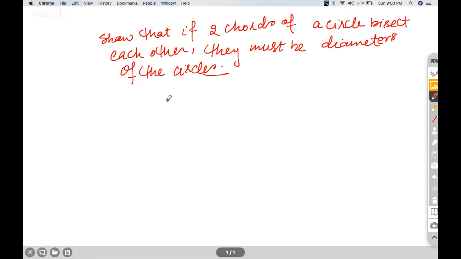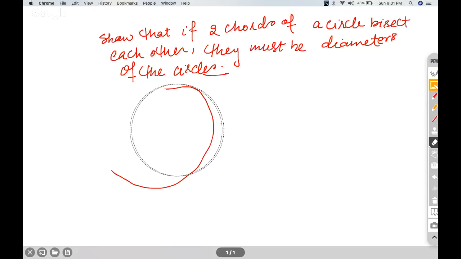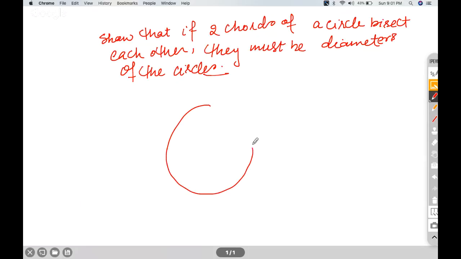So suppose I have a circle. Once again, let me make a good circle. My drawing is very bad. I have a circle like this, and I have chord AB, and I have chord CD.